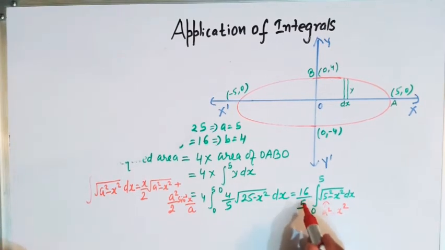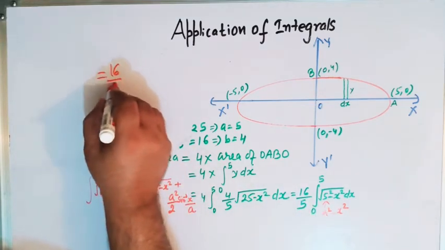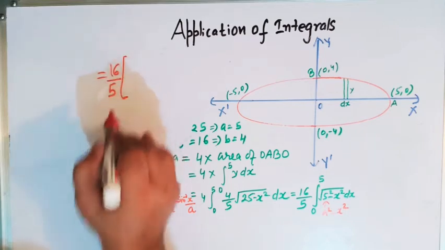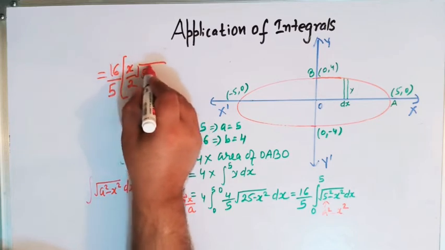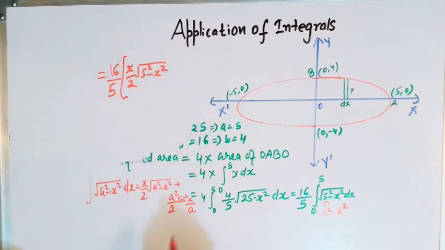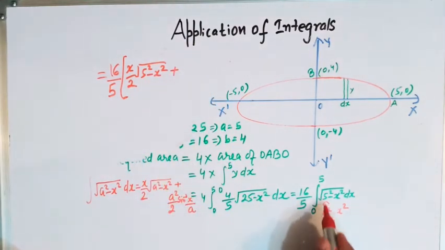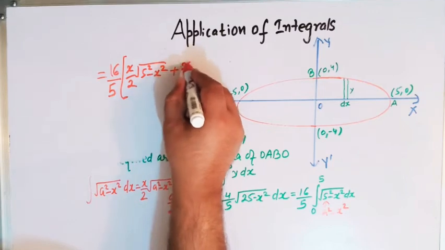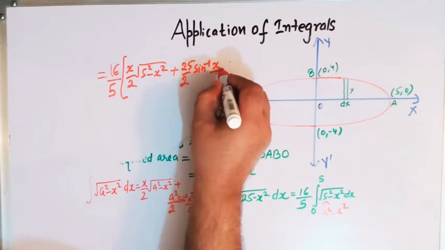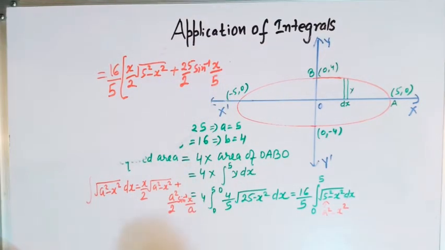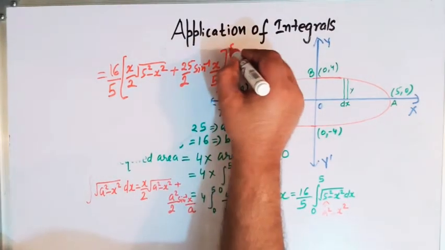Now this integral is equal to 16 by 5, and then we have x by 2 times square root of 5 square minus x square plus a square, that is 5 square, and it is 25 by 2 times sine inverse x divided by 5, right? And we have the limits from 0 to 5, right?